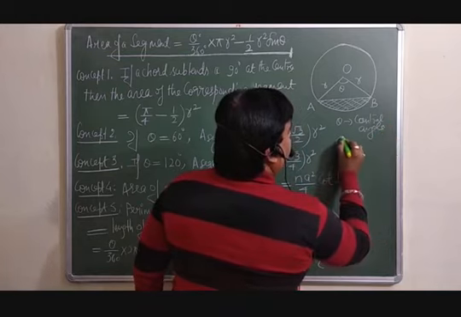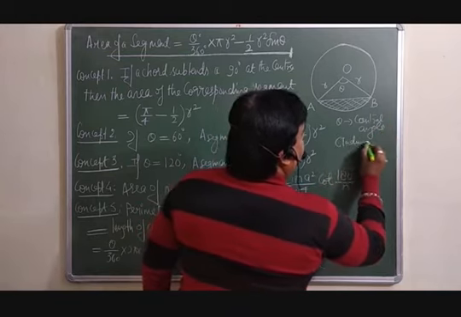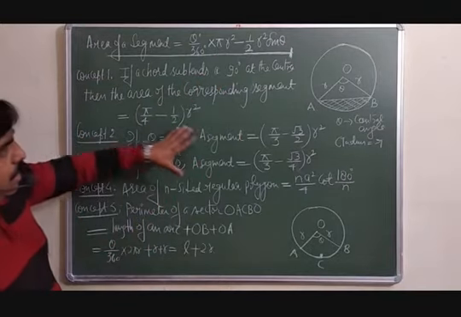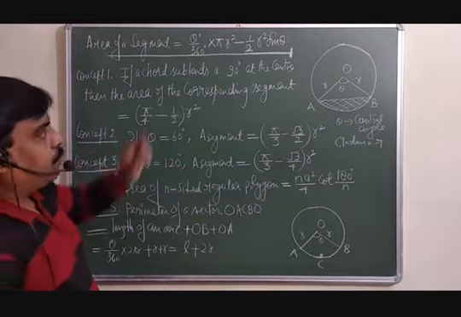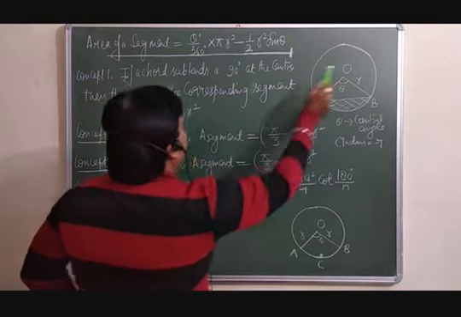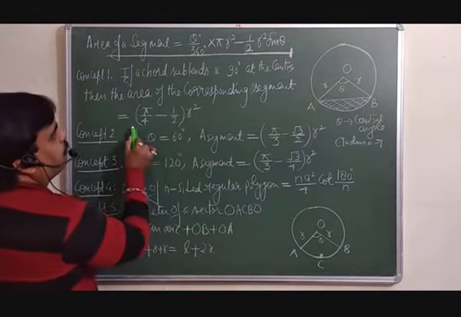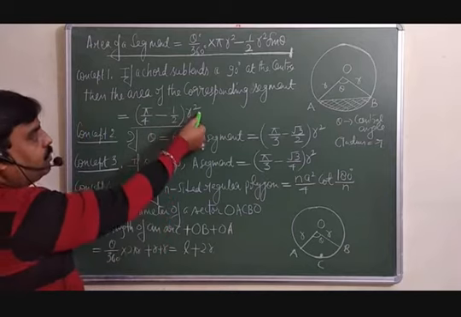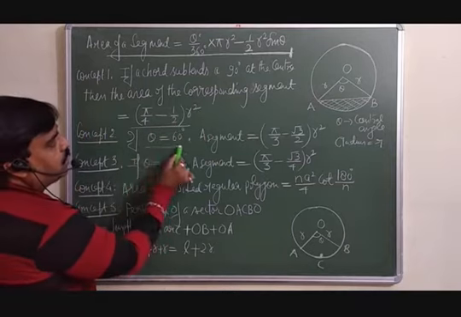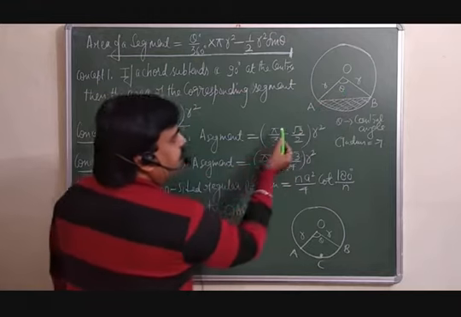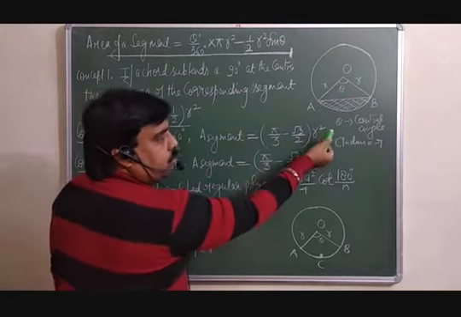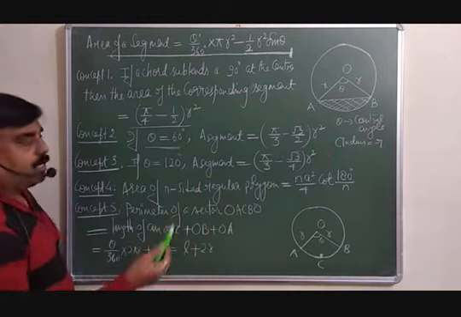This is the formula, but you can learn these directly. Suppose your central angle theta is 90, then the area of this segment will be equal to pi by 4 minus 1 by 2 in bracket into r square. Suppose your angle theta is 60 degrees, then directly you can apply pi over 3 minus root 3 by 2 in bracket into r square. You know the radius, so you can simply calculate.